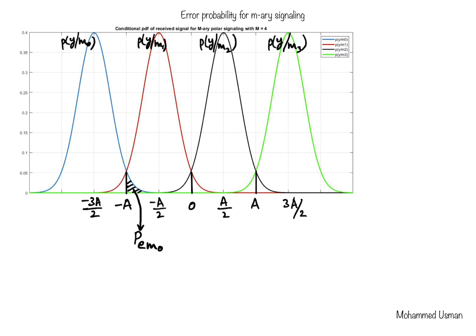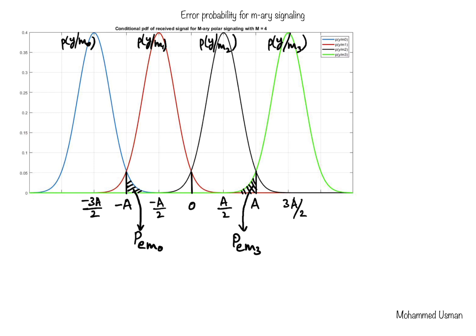Either way, it is going to make an error. So the error probability when M3 is transmitted is the area under the conditional PDF corresponding to M3 being transmitted to the left of the threshold for M3, which is to the left of A. So this area here denotes the error probability when M3 is transmitted.